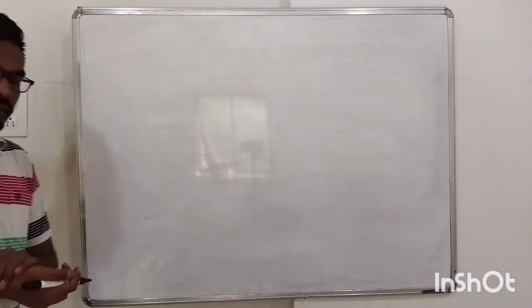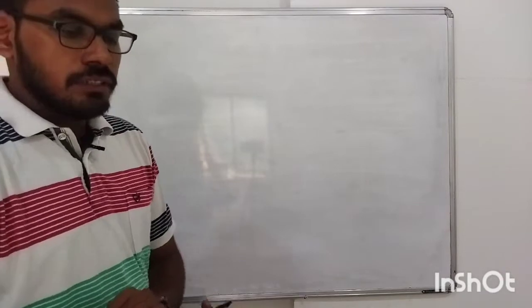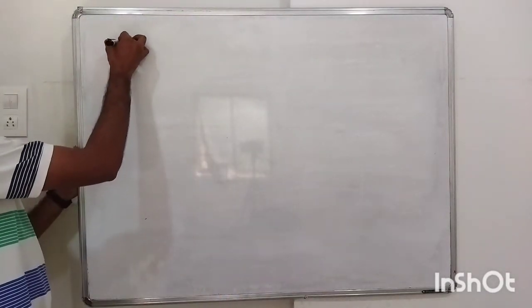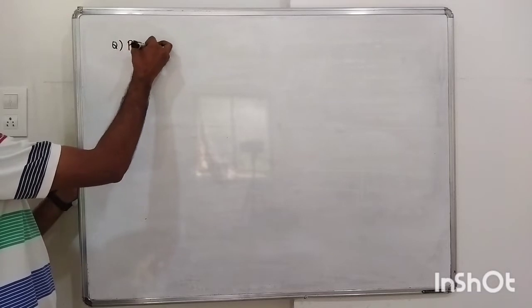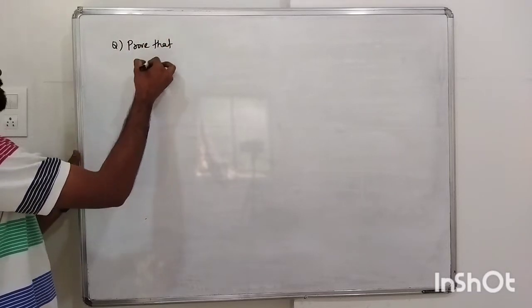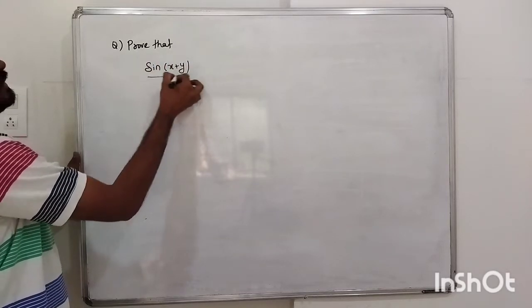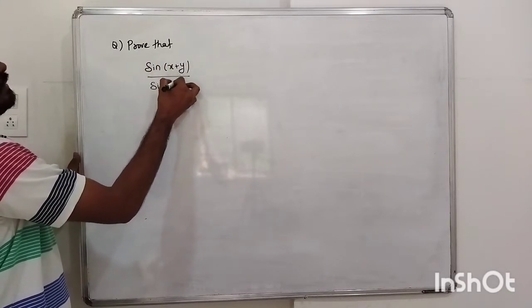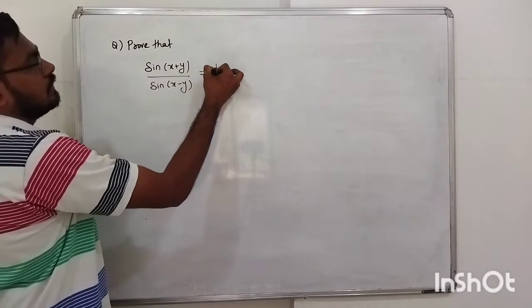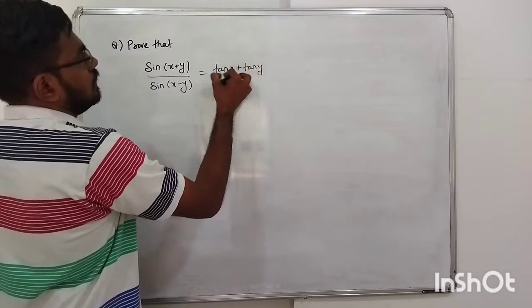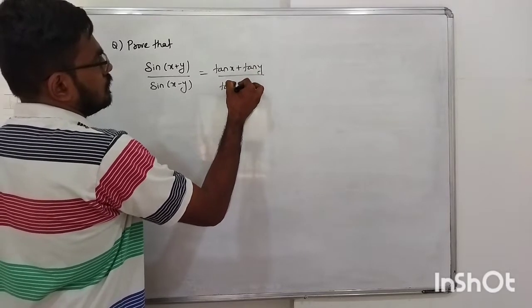So two more problems we'll do based on this type, and then we'll stop. The next problem is like this: prove that sin of (x plus y) upon sin of (x minus y) is equal to (tan x plus tan y) upon (tan x minus tan y).